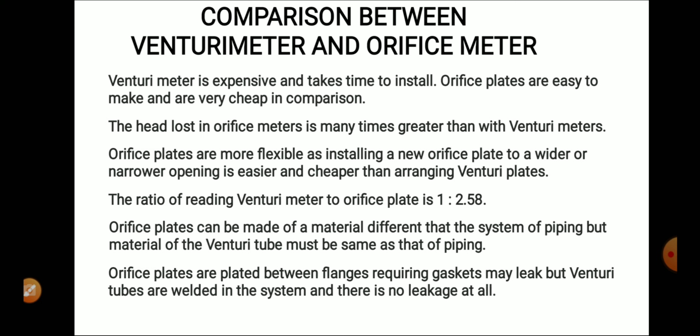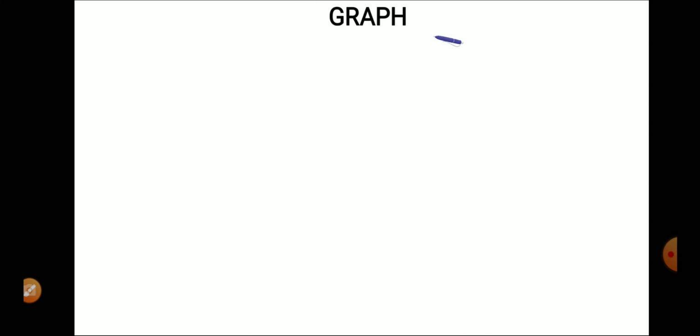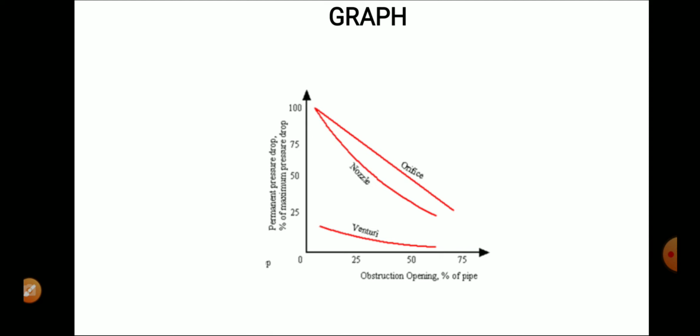Orifice plates are placed between flanges requiring gaskets which may leak, but Venturi tubes are welded in the system and there is no leakage at all. This is the reason why the permanent pressure drop is higher in the orifice meter than that of the Venturi meter, as shown in the graph.